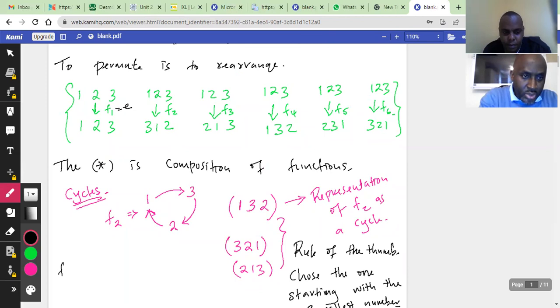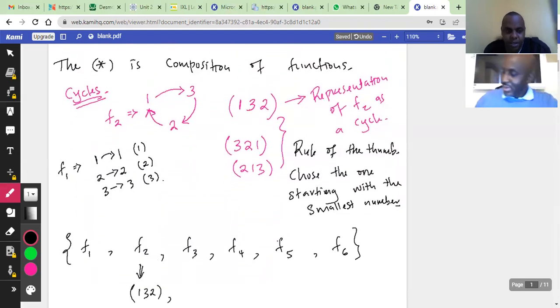The cycle representation of F1 is: 1 goes to 1, the cycle stops. 2 goes to 2, and the cycle stops. 3 goes to 3, and the cycle stops.